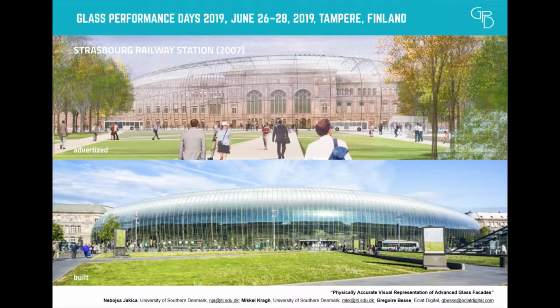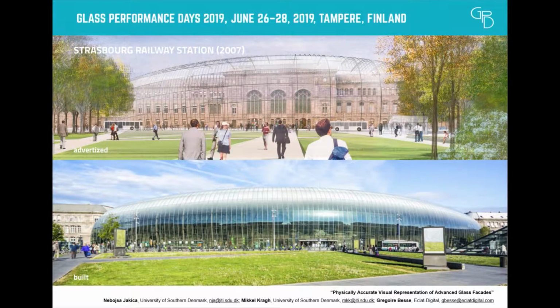So this is just one of the examples where architects envision something very transparent, but probably due to the energy and optical performance, the glass should be a bit darker and coated and fritted. So the overall intended vision that the glass should be transparent is not designed and built in that way.